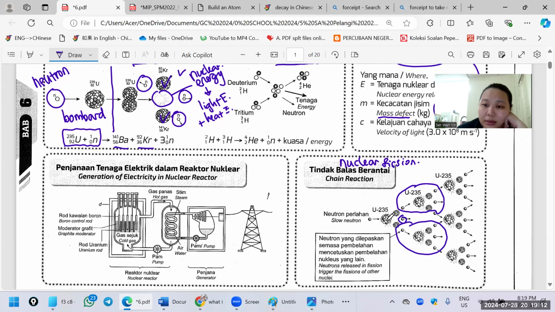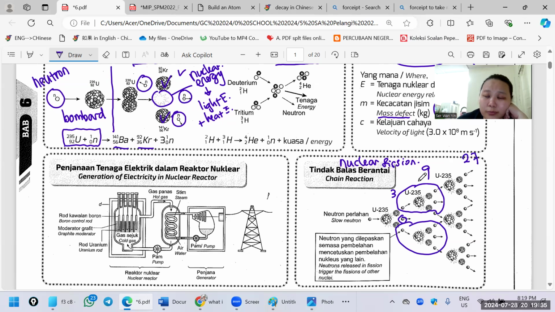So actually 1 neutron will become 3. 3 will become 9. 9 will become how much? About 27. That's powers of 3. So it becomes more and more. If you don't control it, the explosion will become too much and become a bomb.